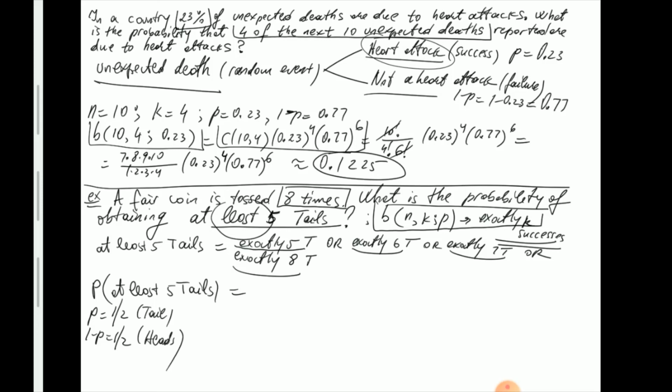Therefore, the probability of exactly 5 tails is b of 8 comma 5, 1 over 2, so 5 successes out of 8 trials, plus b of 8 comma 6, 1 over 2, plus b of 8 comma 7, 1 over 2, and finally b of 8 comma 8, 1 over 2.